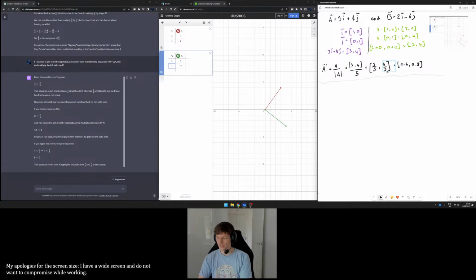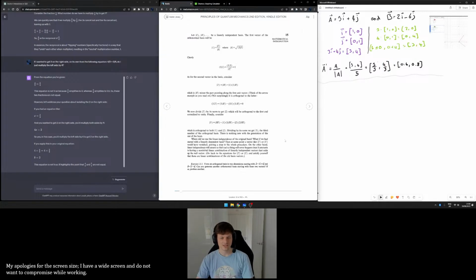So it says, can you generate another orthonormal basis? This time, to create a normal, we have to divide it by... oh man, I keep forgetting this stuff.